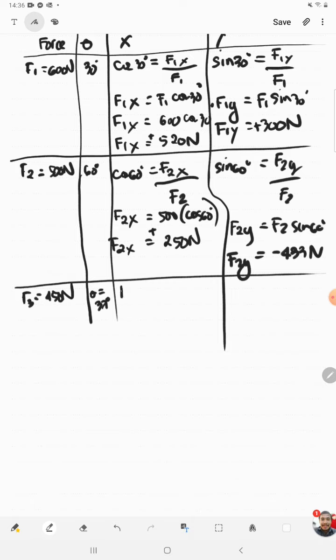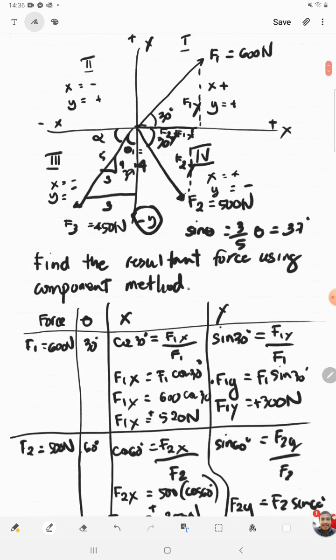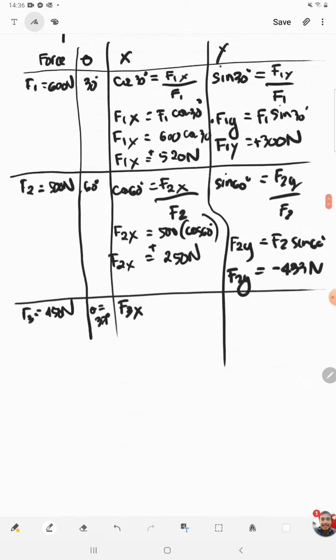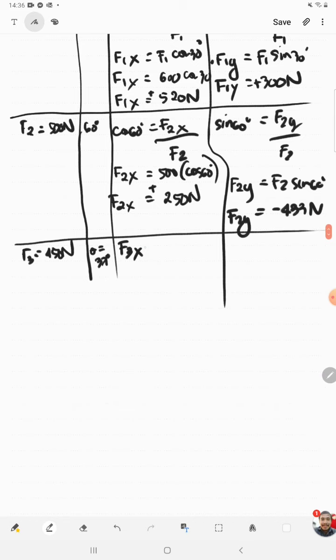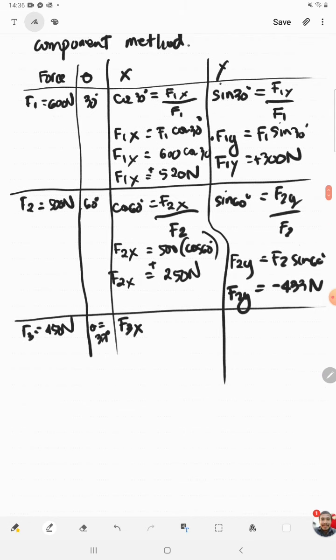Therefore, this is your F3x, and this part here is your F3y. For this problem, sine of 37 equals F3x divided by F3, since F3x is opposite.